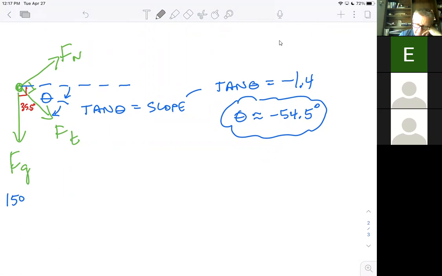Notice, in a sense, I've got force tangent, and my force normal is kind of going into the hill, if you will. So let's see, 150 times the cosine of 35.5 and 150 times the sine of 35.5.